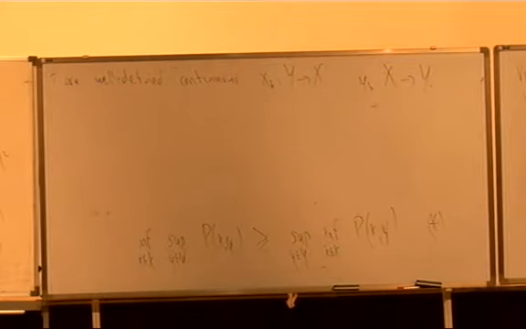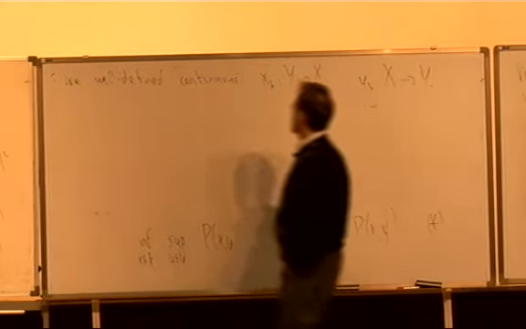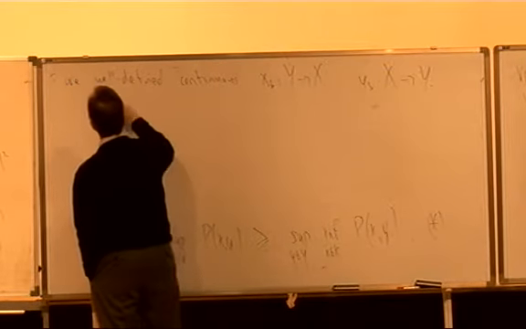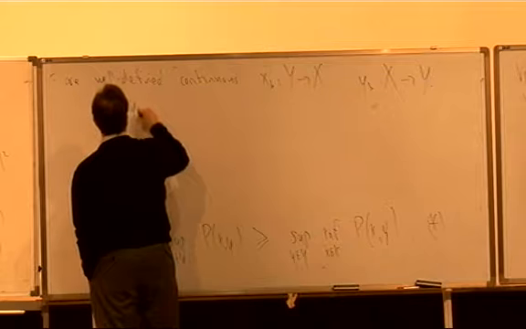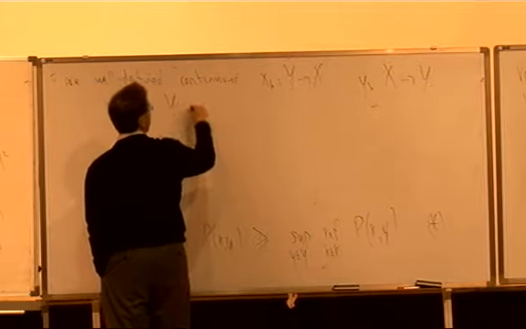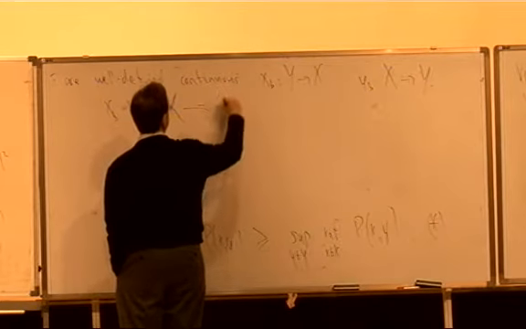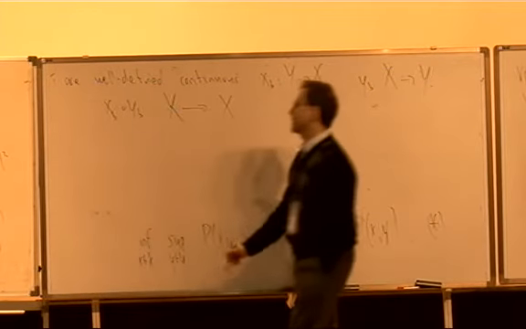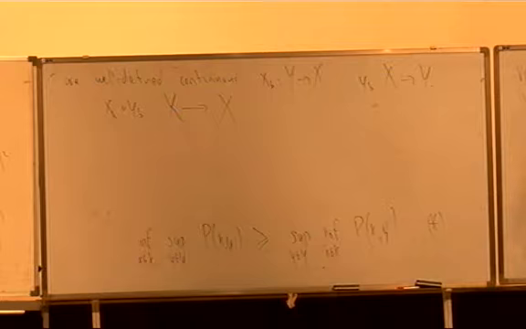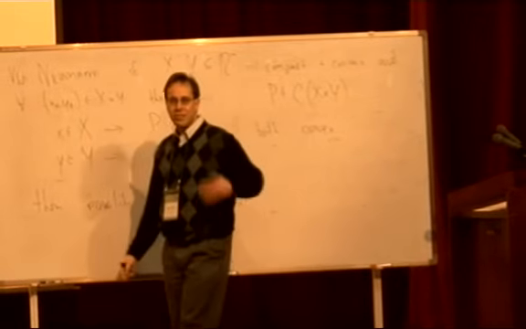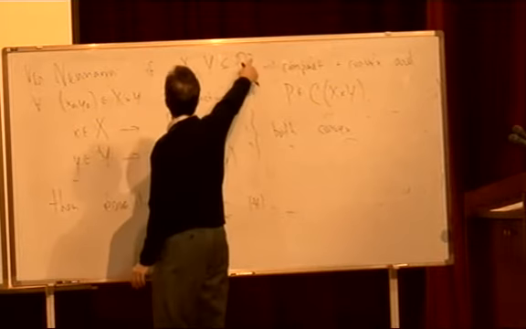And so I can look at the composition of these two functions. x b of y b takes x into itself. And X is a compact convex subset of some Euclidean space, so it's essentially a disk of dimension at most n.